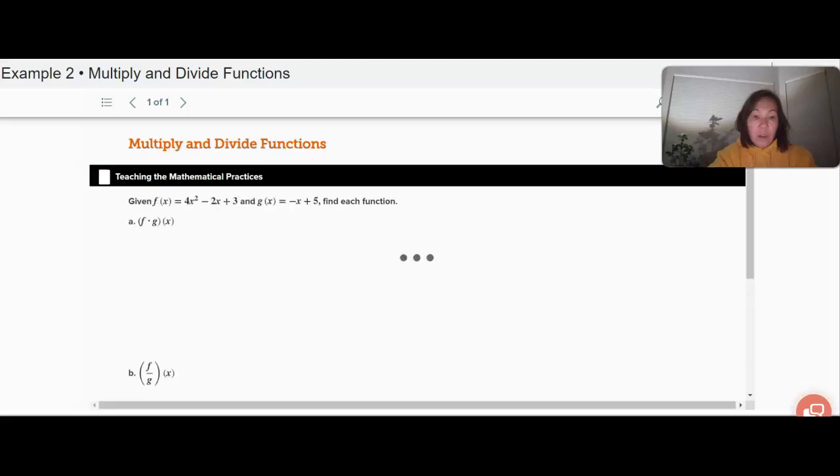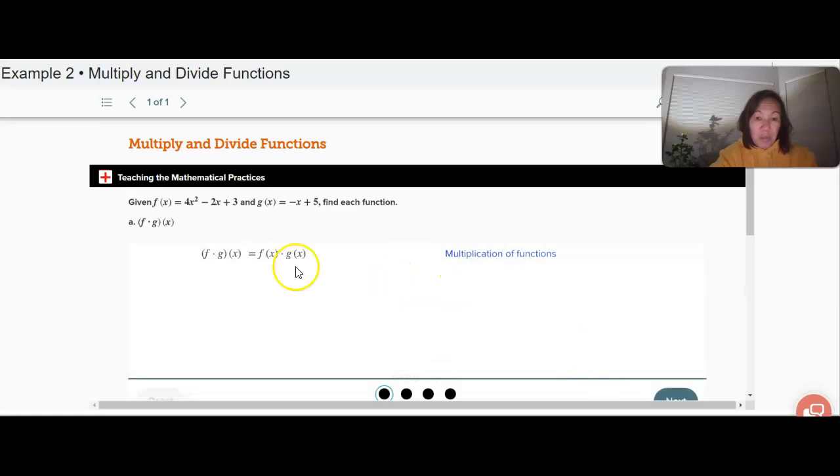For multiplication and division, we are also just doing these operations that we've done before. It's just with this new notation. So if I want to multiply these two functions, then all we're going to do is write them right next to each other. 4x squared minus 2x, so f of x times g of x. And then you will have to distribute.